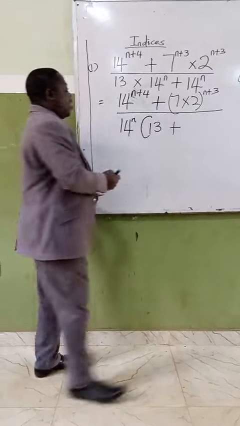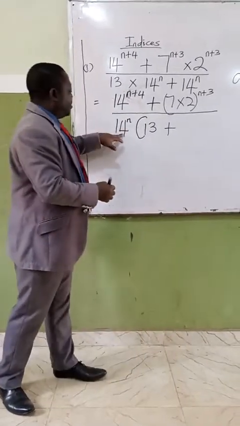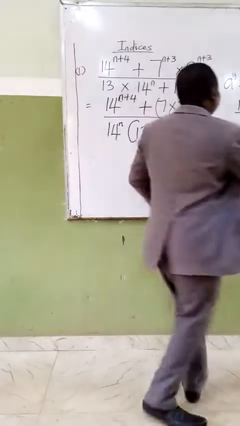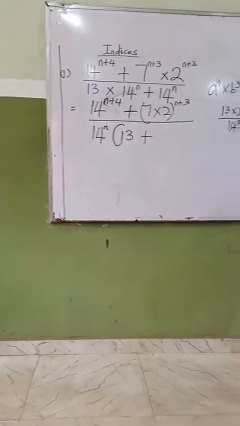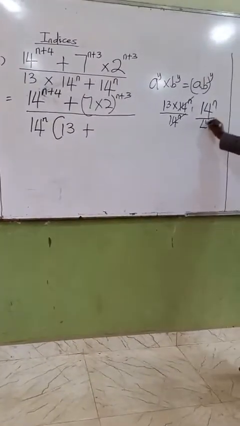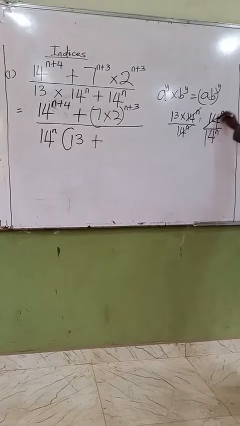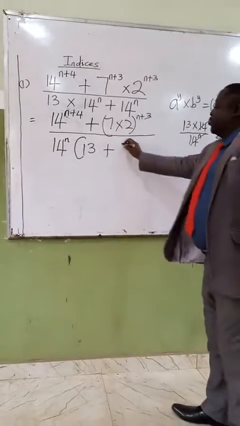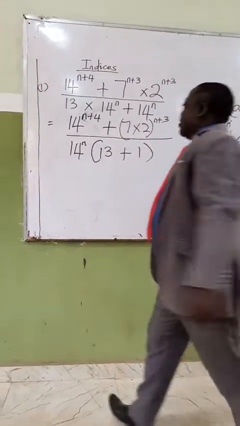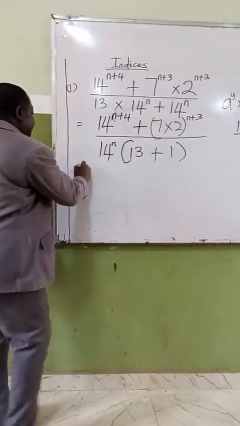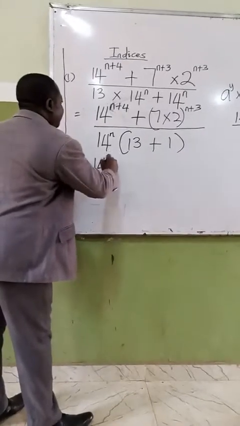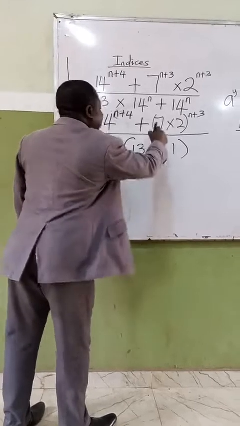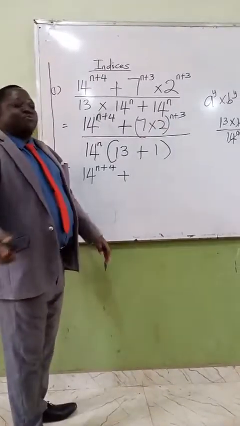Plus, also, we use 14 raised to power n to divide this 14 raised to power n. 14 raised to power n divided by 14 raised to power n, cancel, cancel. So we are left with 1 here. Then from here, this is equal to 14 raised to power n plus 4 plus 7 times 2, which is equal to 14.